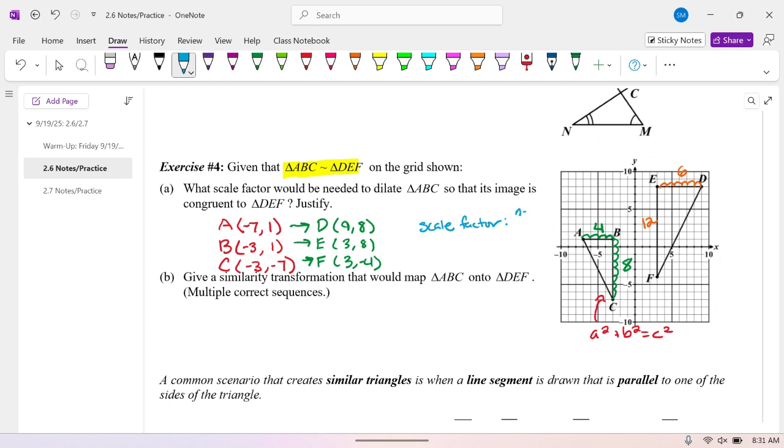So remember, that's your new side length over the old. So let's say I used AB and DE. All right. DE is proportional to AB. So that means that I would have 6 over 4. Which if I simplify 6 over 4, what does that simplify down to? 3/2.